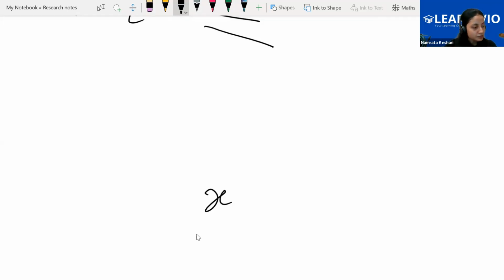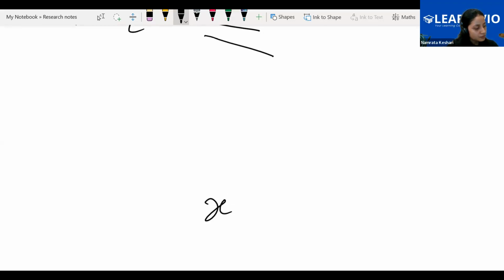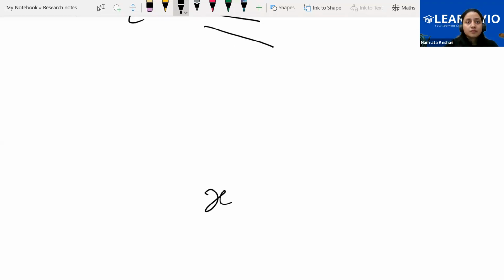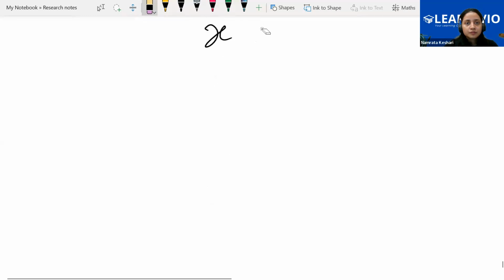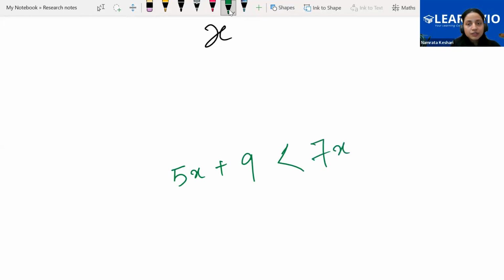Suppose we have one inequality, let's say 5x plus 9 is smaller than 7x plus 3. We have to solve this inequality.